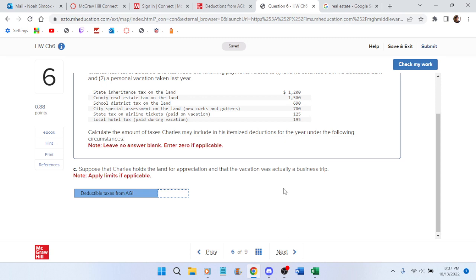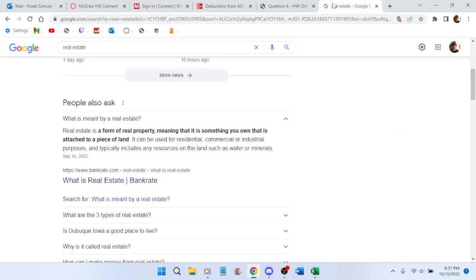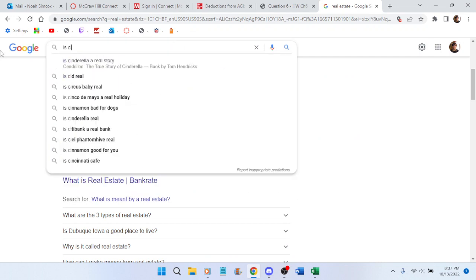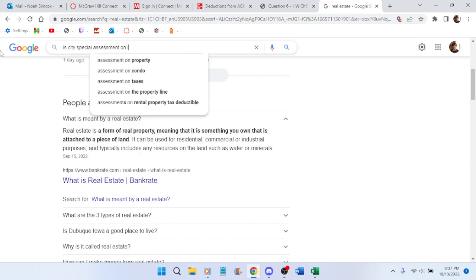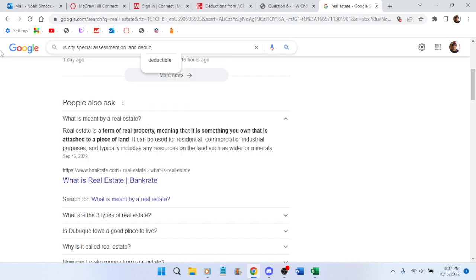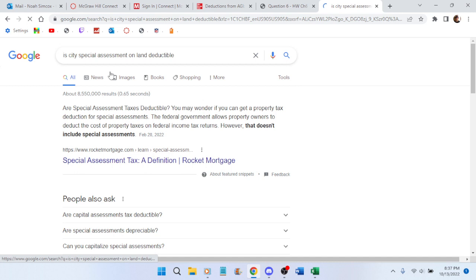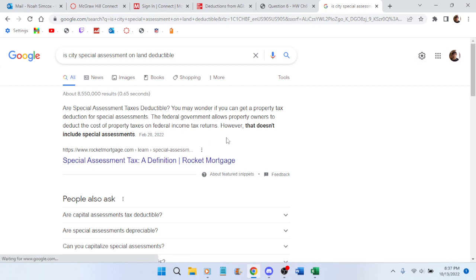Maybe... No, I already tried that. I already tried doing everything except for 700. Hey, look, it says that this is not deductible.